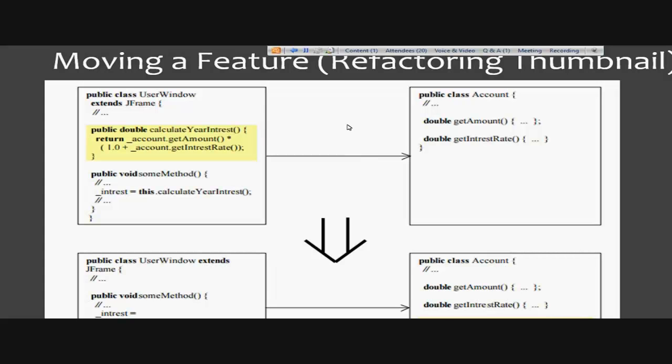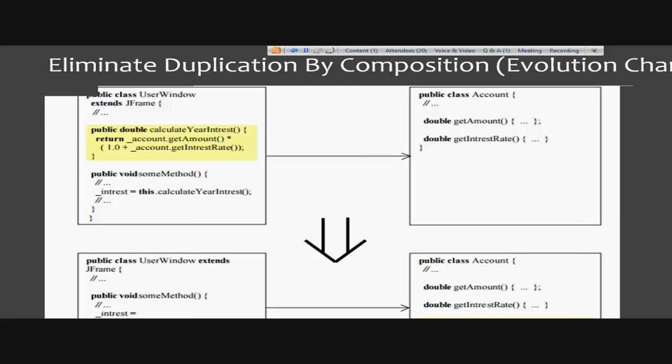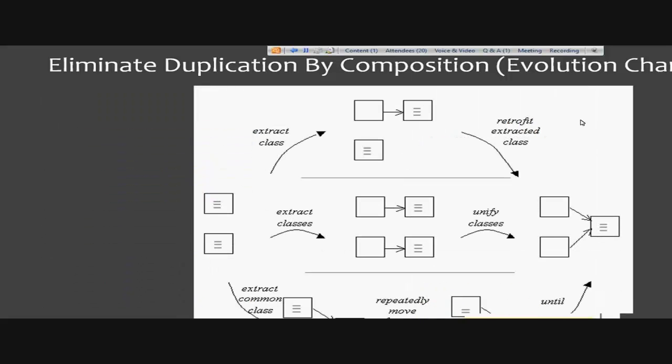Now we will see the evolution chart for eliminating duplication by composition, and you will see the benefit here. We have two classes at the initial stage where we have similar code. What you can do is practice the standard technique called extract class.